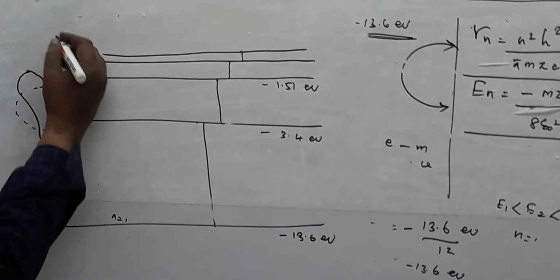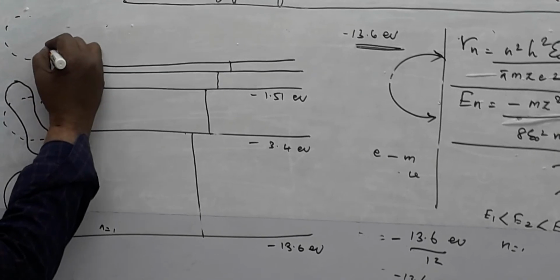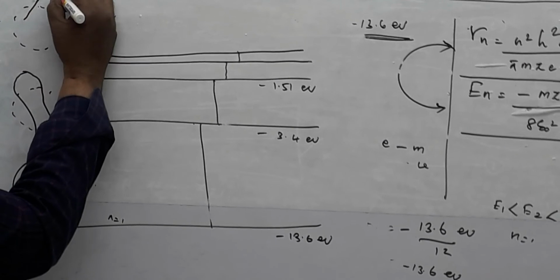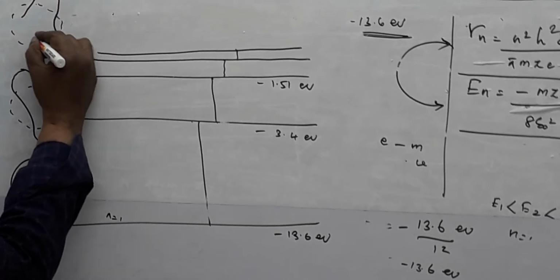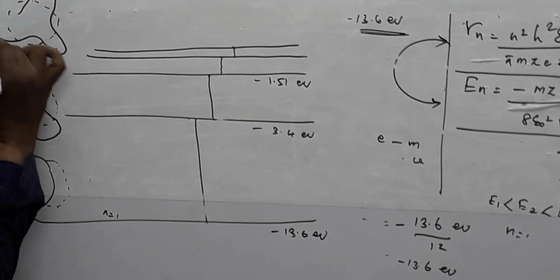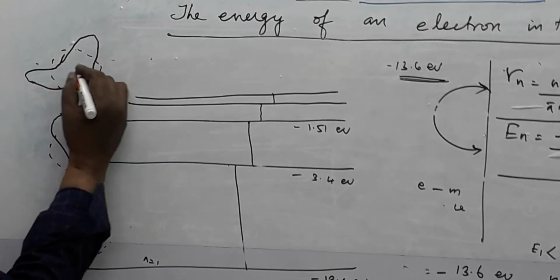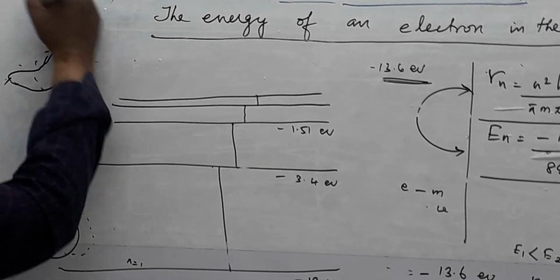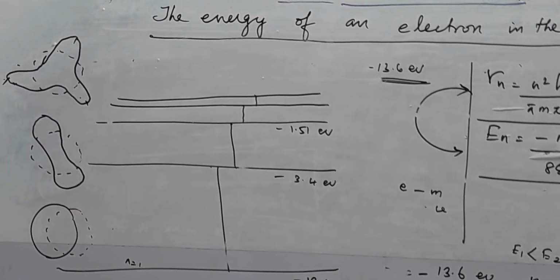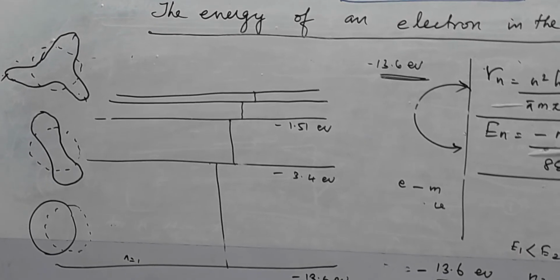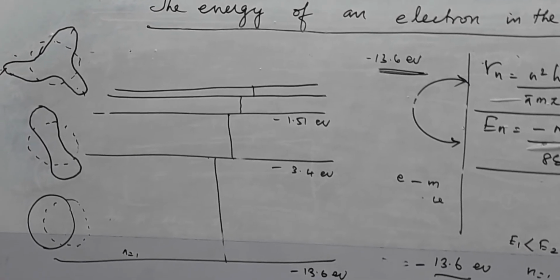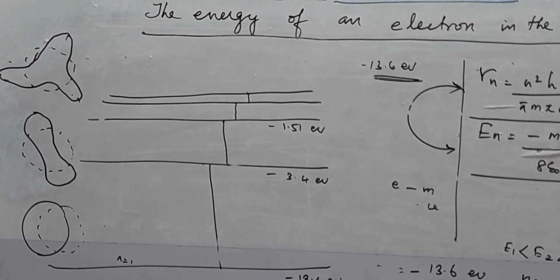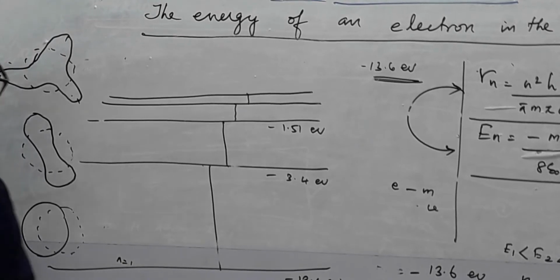For 3, you have to consider a circle and make 3 waves like this: 1, 2, 3. If you consider 4, then 4 waves are there. If you consider the 5th, then 5 waves are there. This is a graphical representation of the energy levels of the hydrogen atom. This is very important.